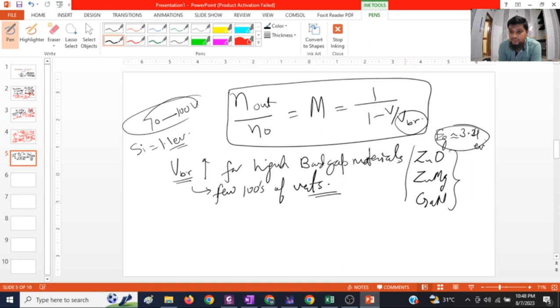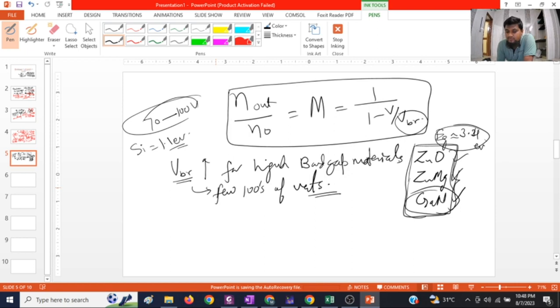So special devices which have to be sent in space are generally fabricated using these semiconductors. Why? Because they have high breakdown voltage and there could be some electrostatic discharge in space.